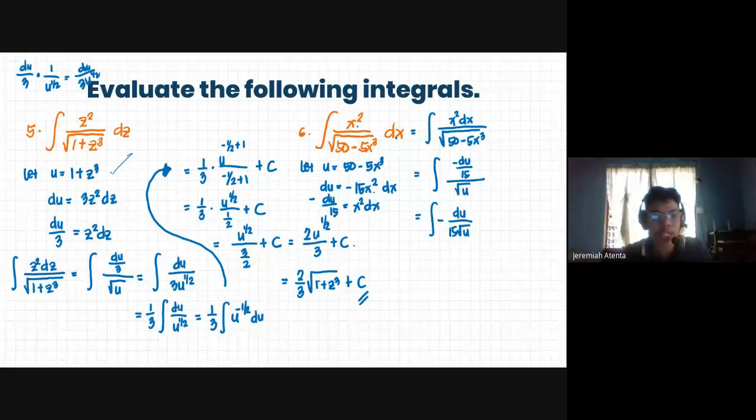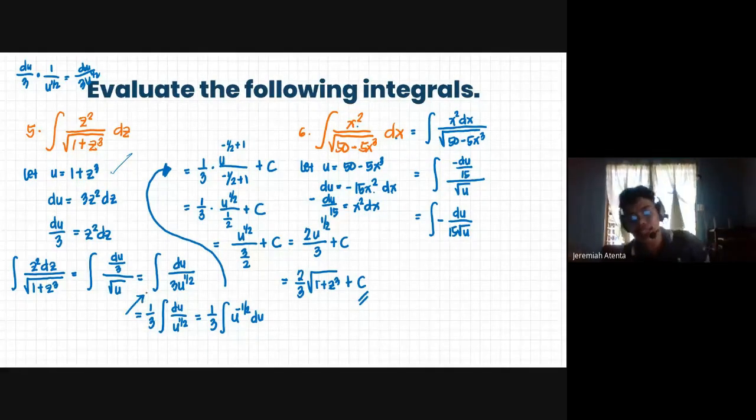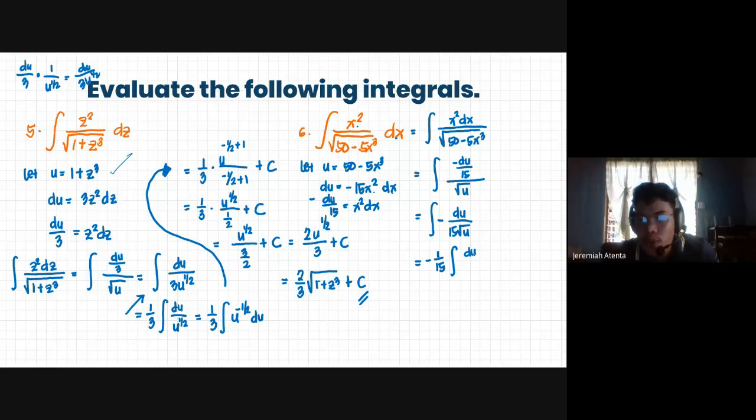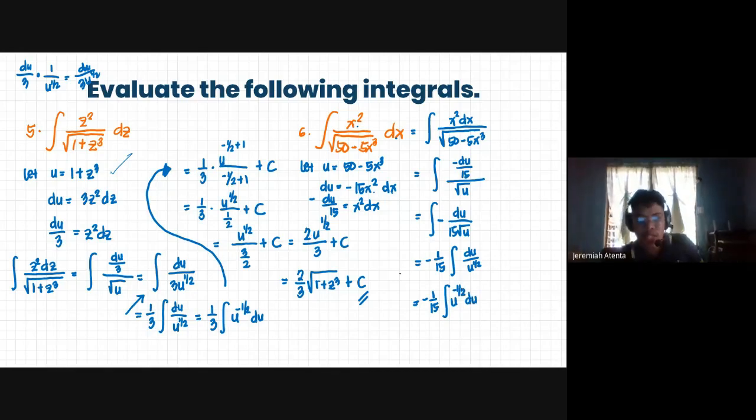Square root of u is just u to the 1/2, but we can factor out negative 1 over 15, right? So we have negative 1 over 15 integral of du over u to the 1/2. And we can have it as negative 1 over 15 integral of u to the negative 1/2 du.